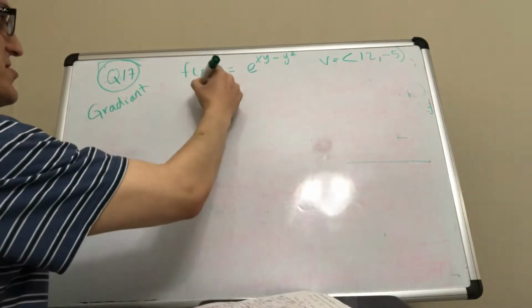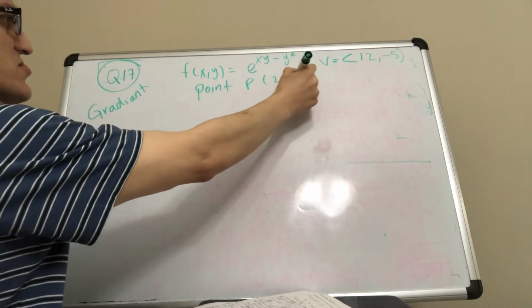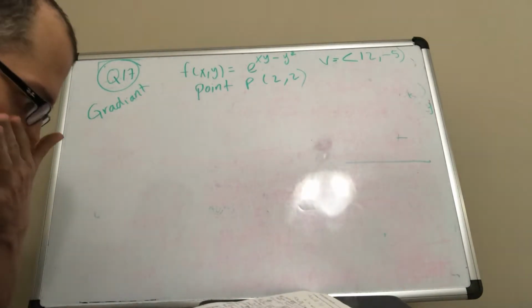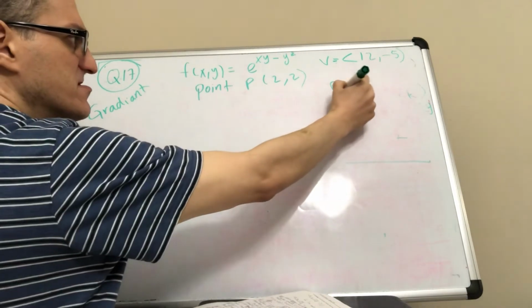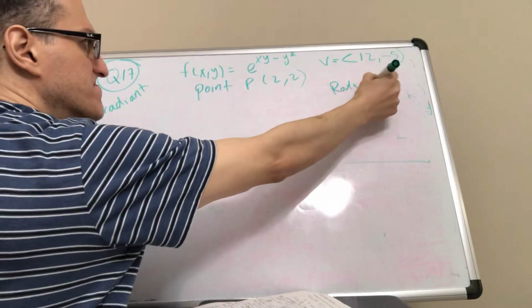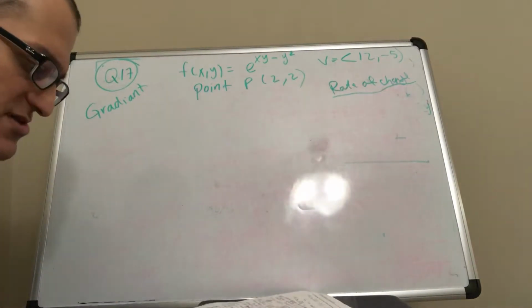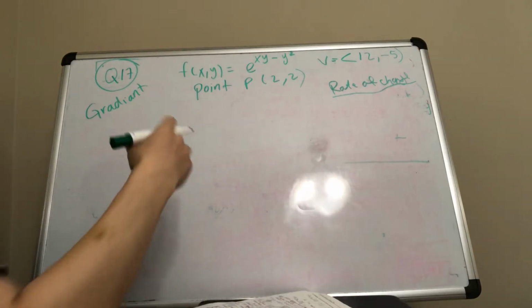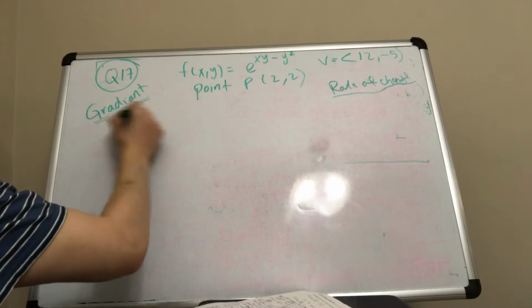And you're given a point, 2, 2. They ask for the rate of change in the following directions. So before we do the directions, we need to do the gradient.